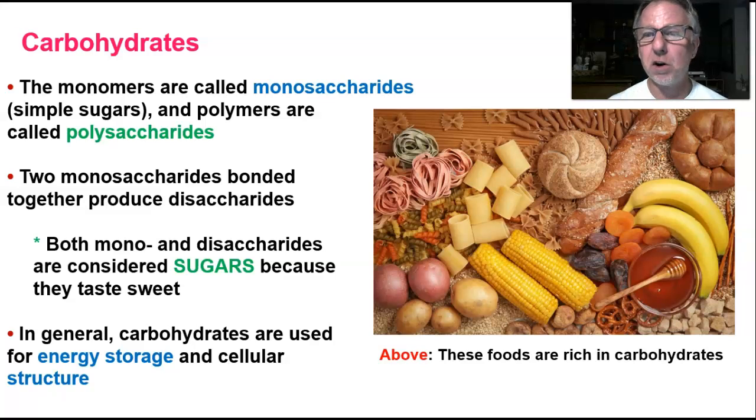Breads, full of starch. But you can also see honey, which is made up of mono and disaccharides, and it's more sweet. Examples of fruits, bananas, dried apricots, etc., which have sugars in them. So soak up that image so you can think to yourself, these are some of the foods that have lots of carbohydrates in them.